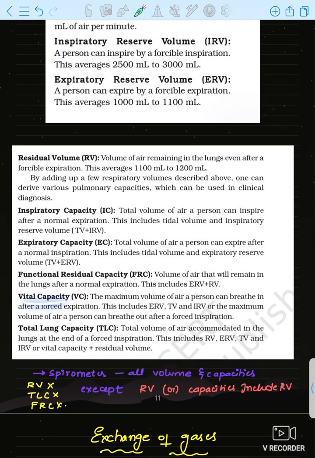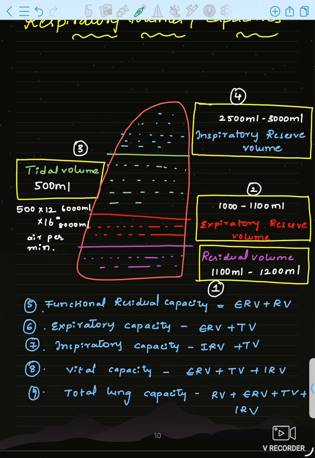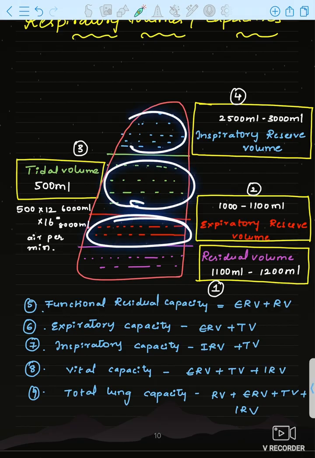Next is vital capacity. What is vital capacity? Vital capacity means total volume we can breathe in. The name itself suggests vital capacity, with respiratory function. The residual volume will always be present, so exclude it. Vital capacity means inspiring this tidal volume and inspiratory reserve volume.